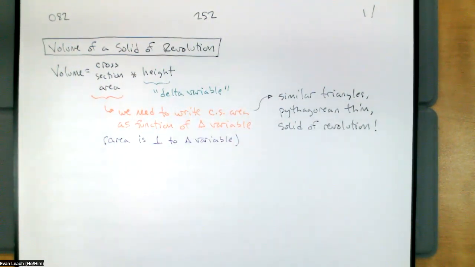So let's talk about what a solid of revolution is. What we're going to do to create a solid of revolution is to take a region in the XY plane and rotate it around an axis. So to form a solid of revolution, we rotate a region about an axis.